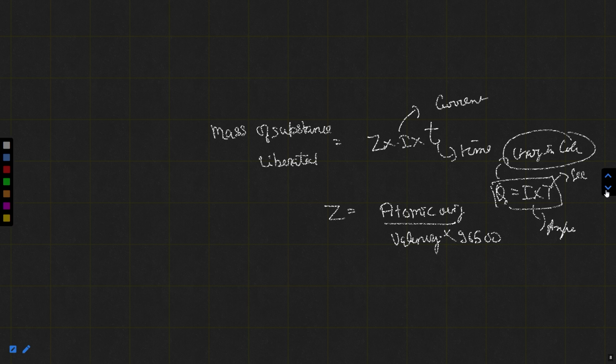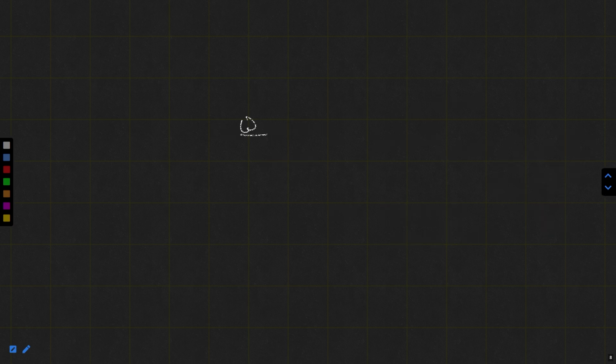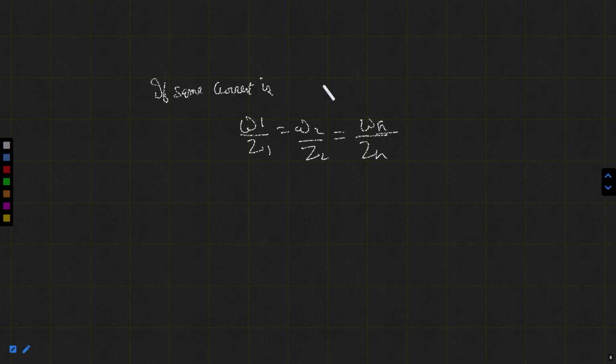And the second law was like this: W1 by Z1 is equal to W2 by Z2 is equal to Wn by Zn, if the same current is passed through each of these.